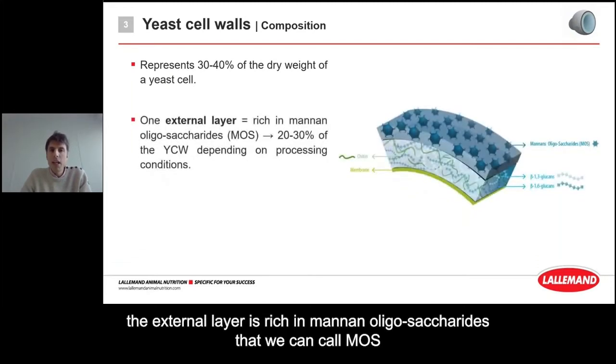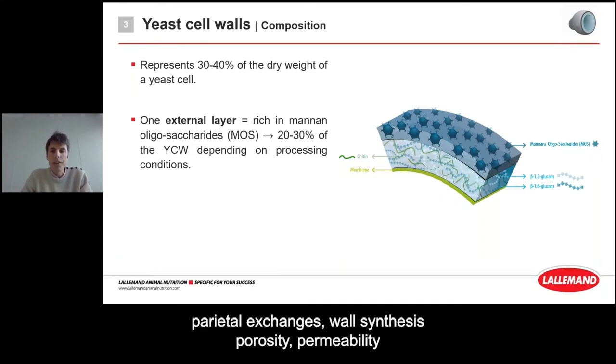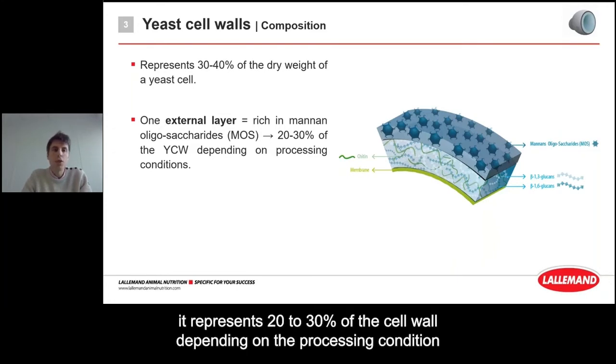The external layer is rich in mannan-oligosaccharides, that we can call MOS, that are responsible for bacteria binding, parietal exchanges, wall synthesis, porosity, permeability, and more widely, the protection of the yeast from the environment. It represents 20 to 30% of the cell wall, depending on the processing conditions.